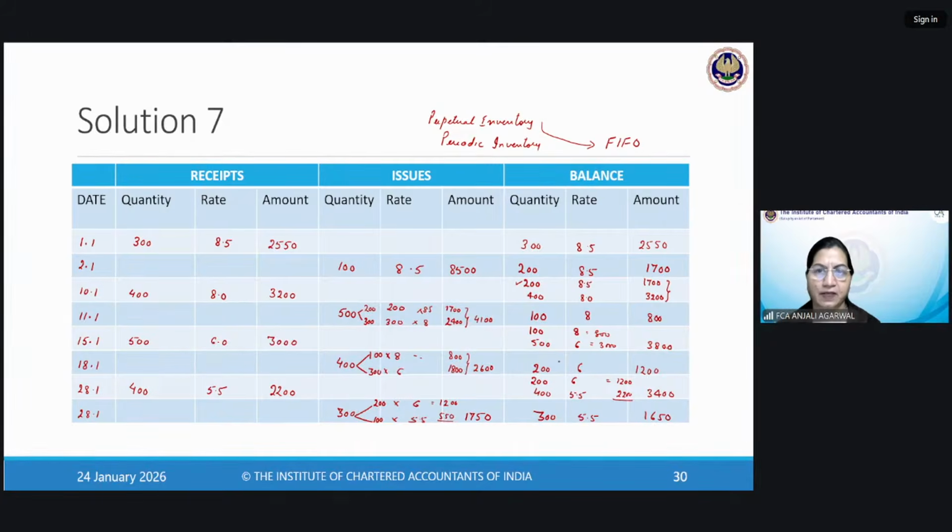Is it clear? This was perpetual. FIFO doesn't give a different answer whether it is periodic or perpetual. It is the same.